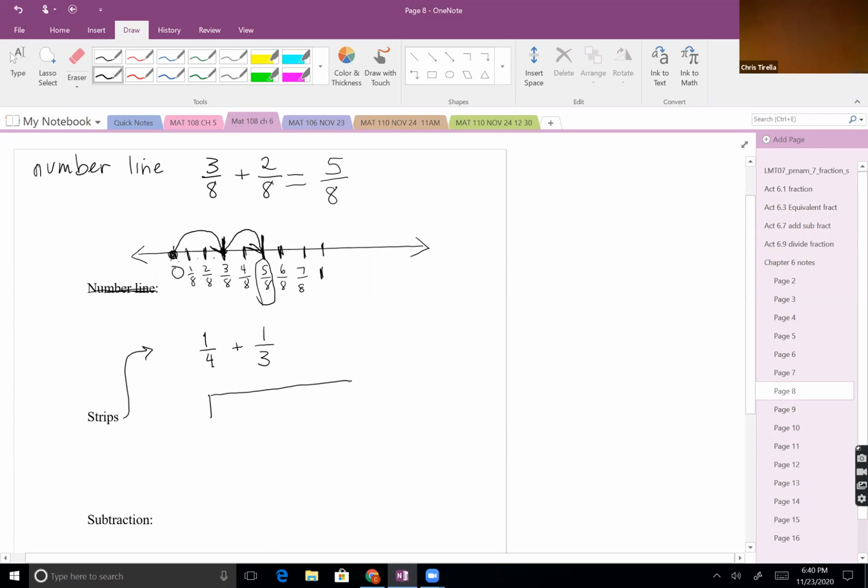well, for 1/4, if this is my unit 1, this would be my 1/4. And then I'm going to put another strip next to it and have it divided into thirds. This would be my 1/3.